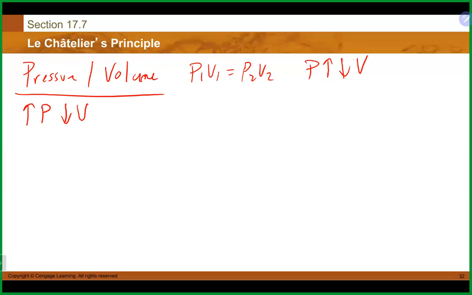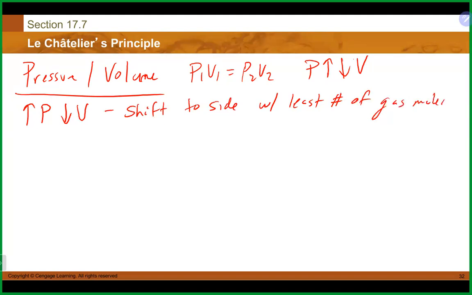So the sort of change that occurs here is the pressure starts to go up. We kind of want to bring it back down, but now we have a much smaller volume. So because of that smaller volume, we actually will need less gas molecules. Otherwise, there will be the same number of collisions. So it will shift to the side with the least number of gas molecules.